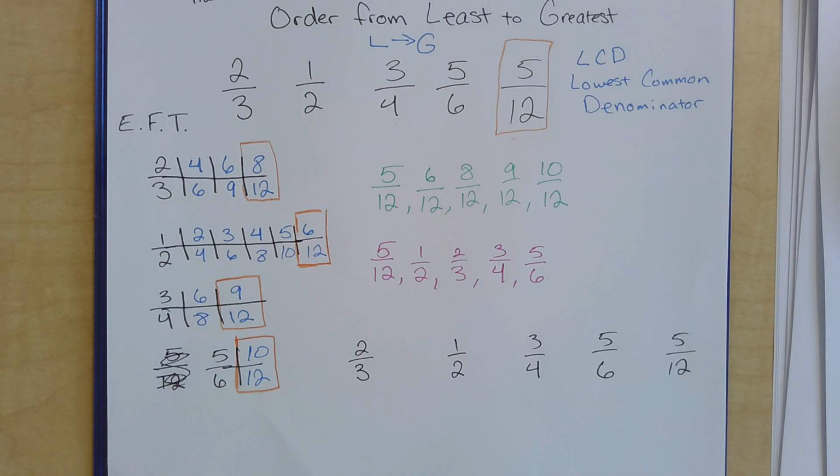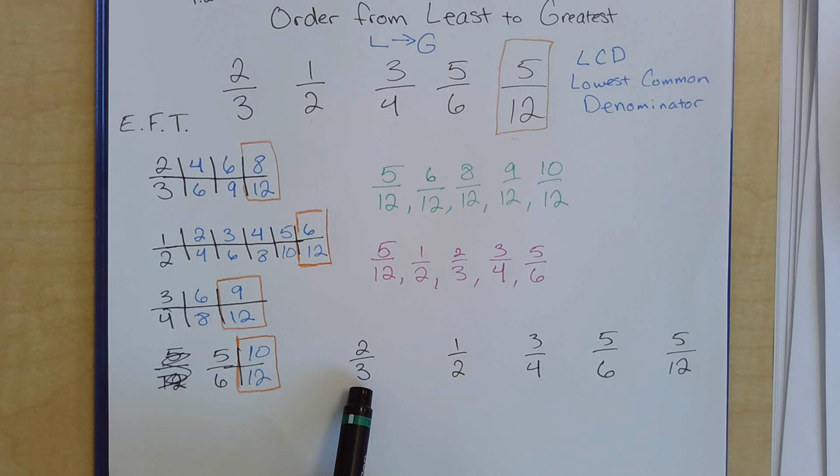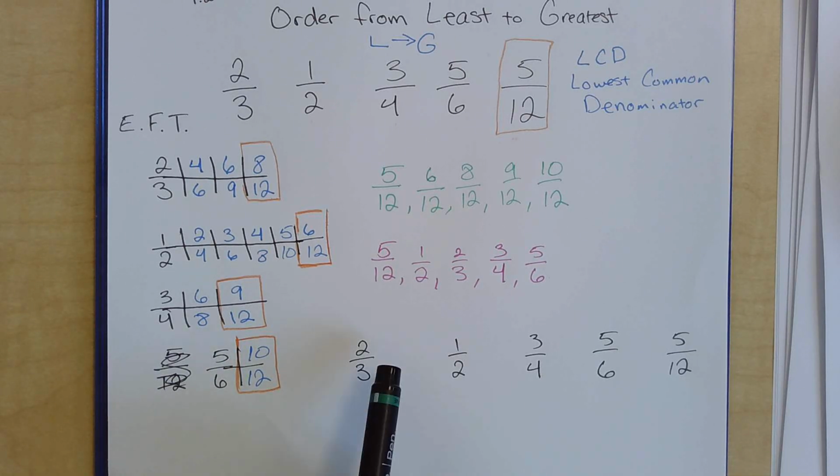So now we're going to think, and we can use our EFT to help us, about what we can use to multiply our denominator by to get 12. Now remember, what we multiply our denominator by, we have to multiply both our denominator and our numerator, okay? So 3 times what gets me 12?